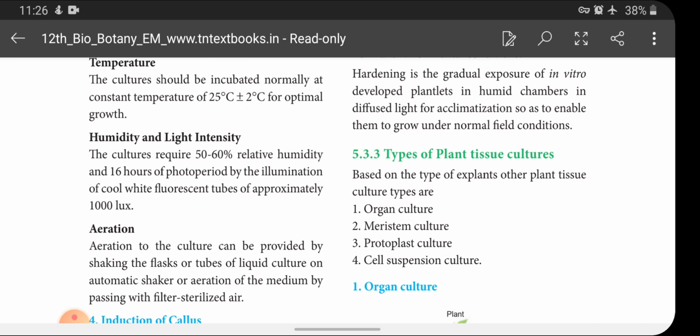So far the plantlets have grown inside the tube, that is, in in vitro culture only. If we immediately transfer them from the tube to the normal environmental condition, they cannot survive. So before that we have to acclimatize the plantlets to those environmental conditions, and this process is called hardening.